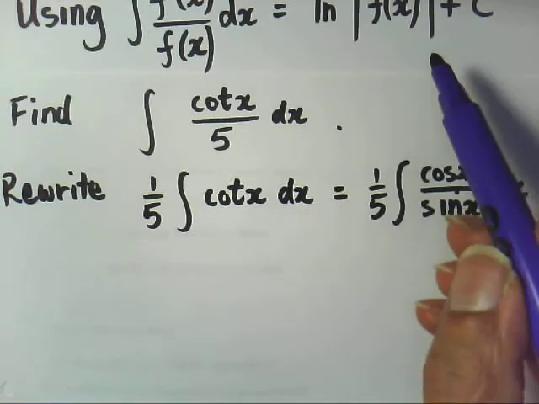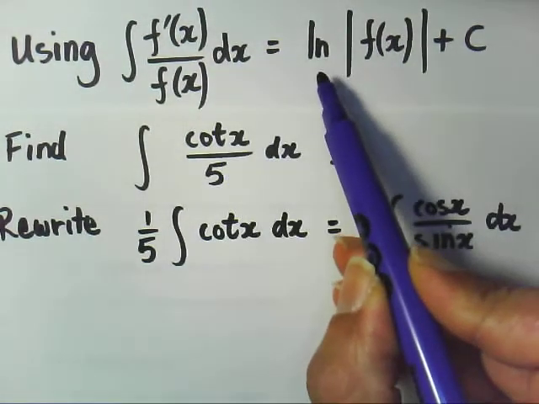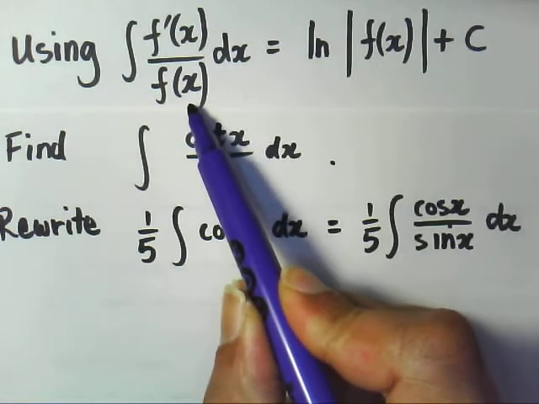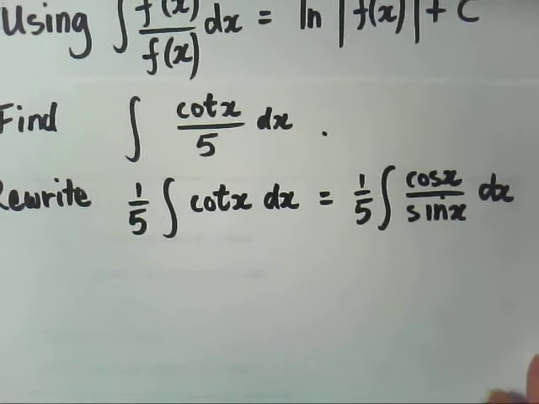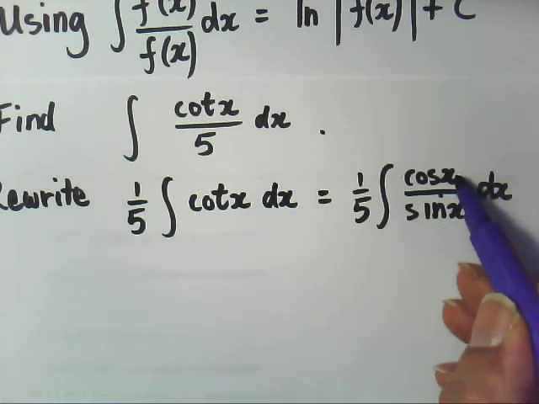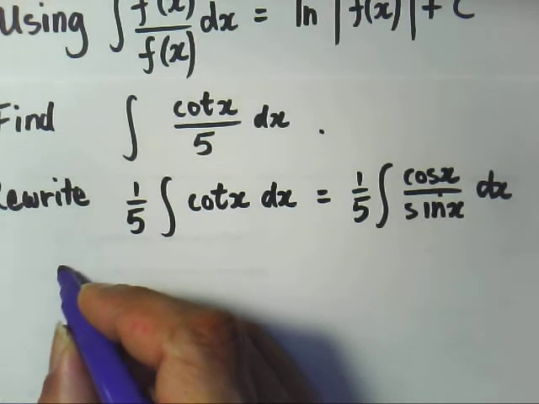Now, thinking about the idea of using a natural logarithm for the function that happens to be in the denominator of a fraction when we're integrating it, if we think about sin x and the differentiation of sin x, does that help us with the numerator? Well, we can just test to see if that's true.